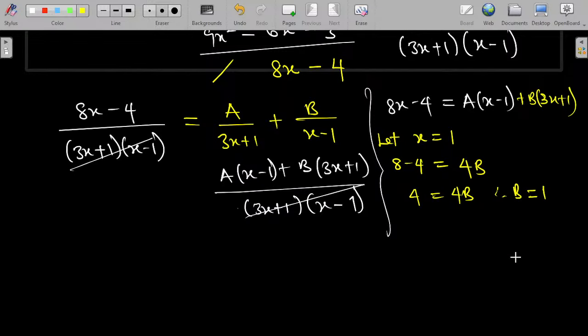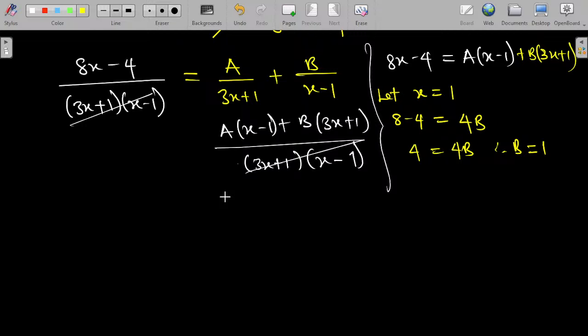Beautiful. So the other job is to now get a, and to do that we can always note that the way to get the value that you will substitute to eliminate a term is to pick the bracket and equate it to 0. Like here, if you pick x minus 1 and equate to 0, you will get x as 1.